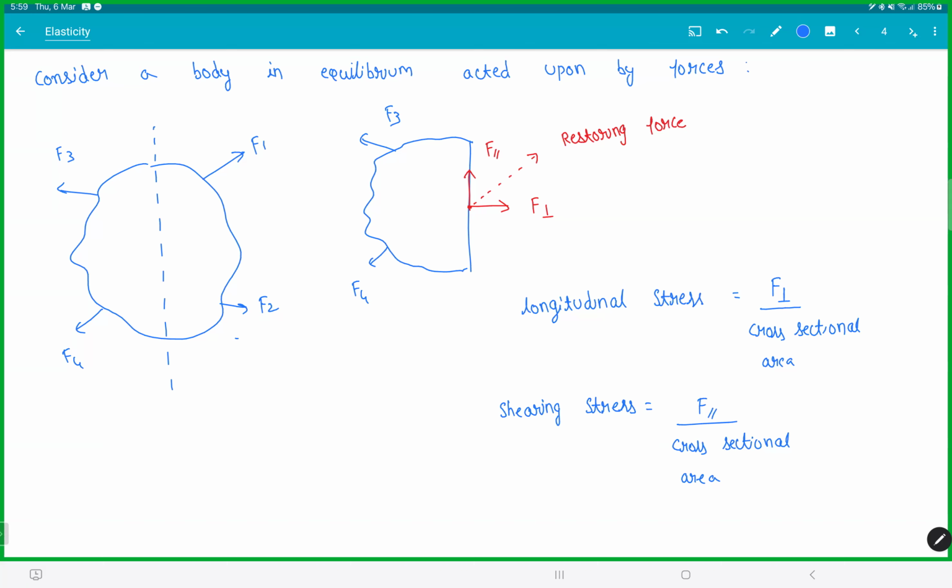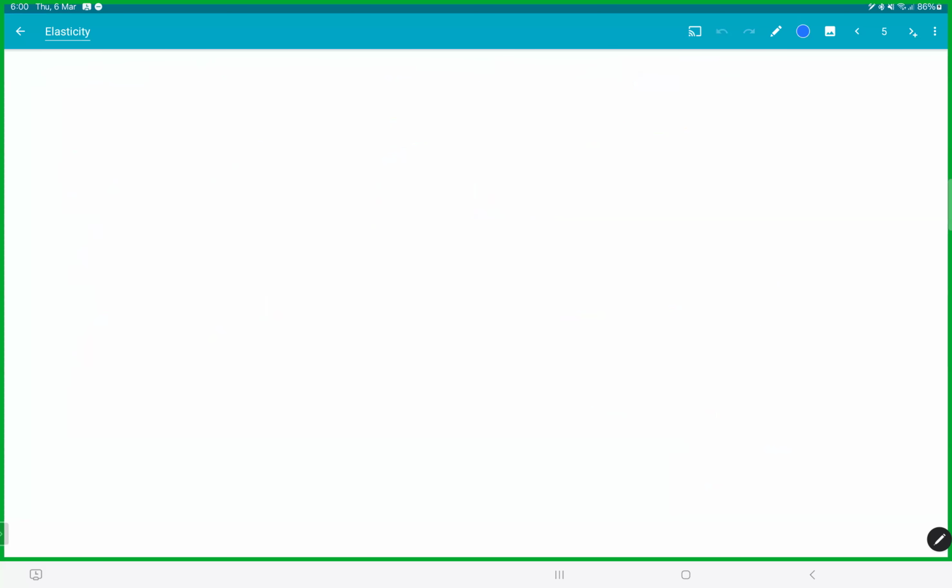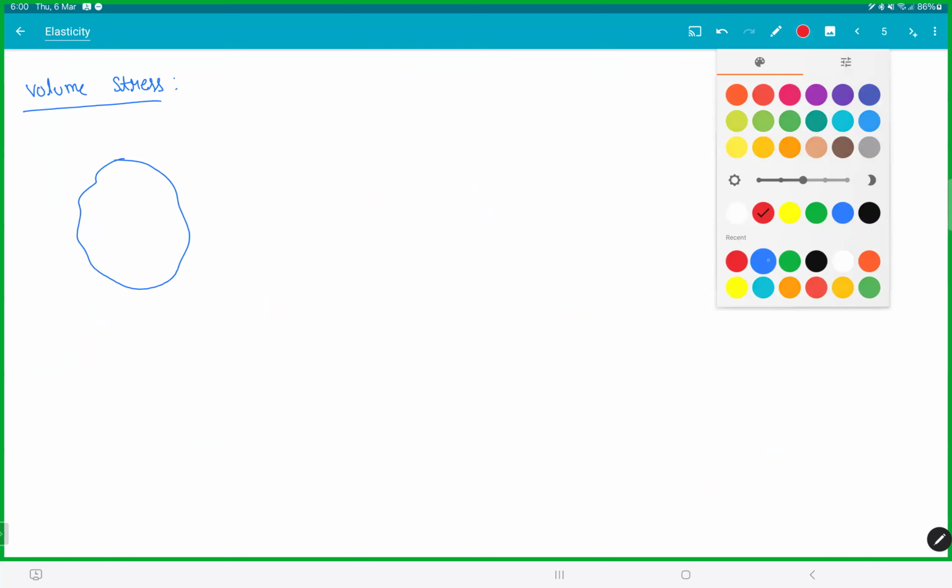So there are actually three types of stresses. These are two ones. Any doubt so far? The third type of stress is called a volume stress. We will talk about what is shearing stress and longitudinal stress also. So in the stresses, there are two types. Volume stress is when you have a material and the force is being applied in all directions.